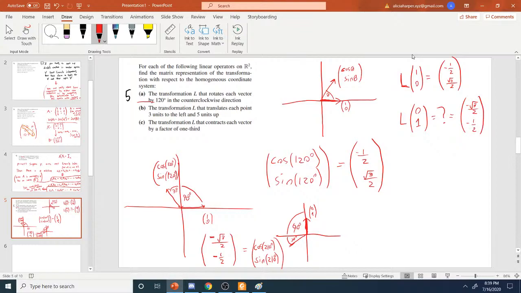So now that I know where it sends the vector 1, 0 and where it sends the vector 0, 1, I can conclude L is represented by the matrix A, where A is equal to negative 1/2 here, square root of 3 over 2 here, negative square root of 3 over 2 here, and negative 1/2 here.